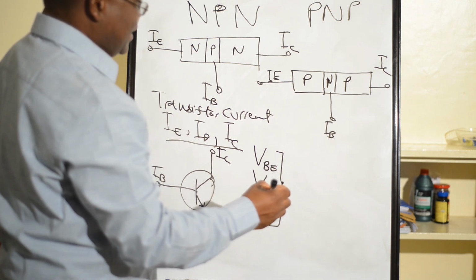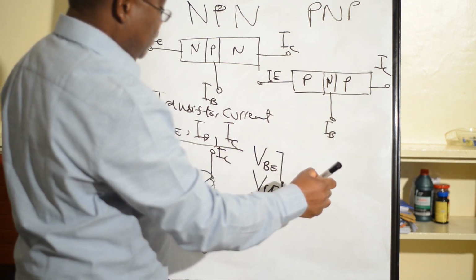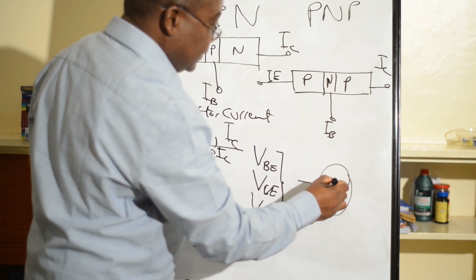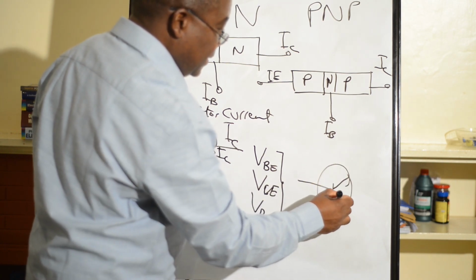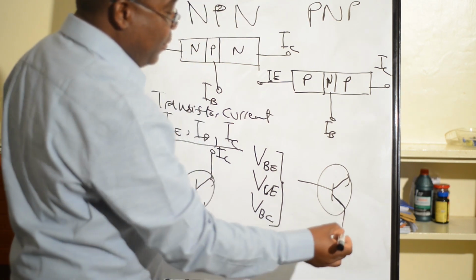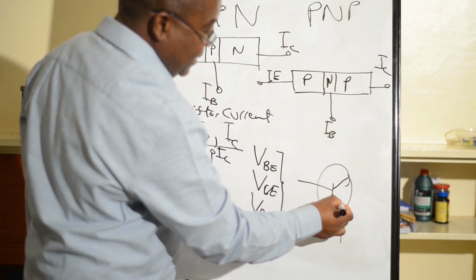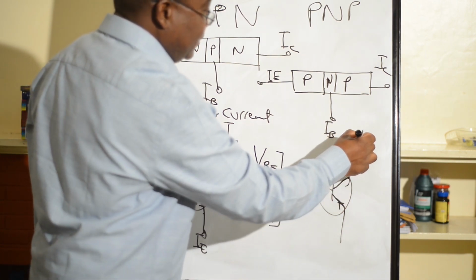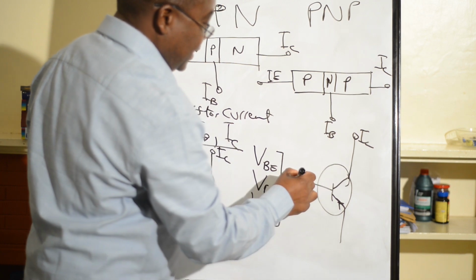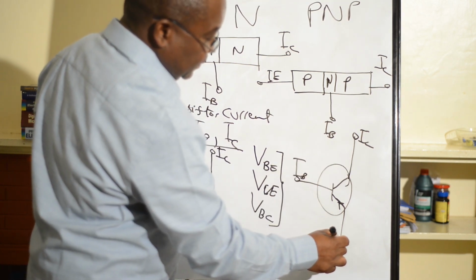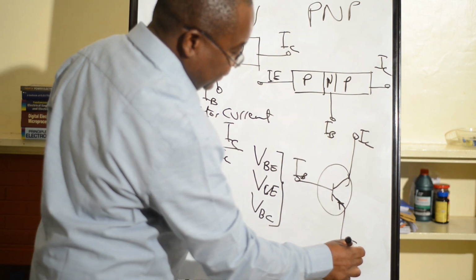In the electrical representation of PNP, in PNP the arrow points towards the transistor. Here our collector, here our base, here our emitter.